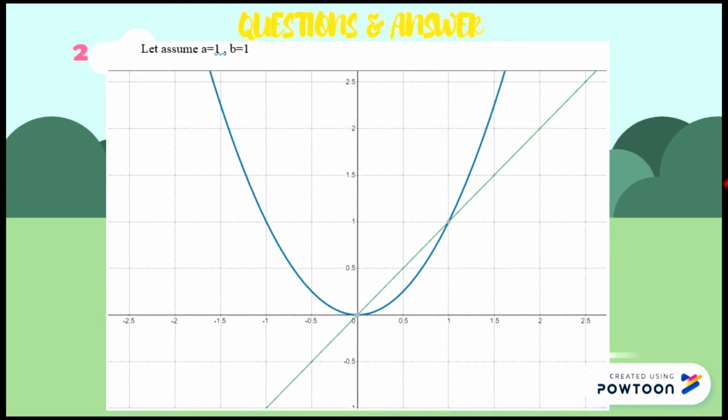The blue one is for the function y equals b times (x over a) to the power of 2, and the green one is for t equals x over a.